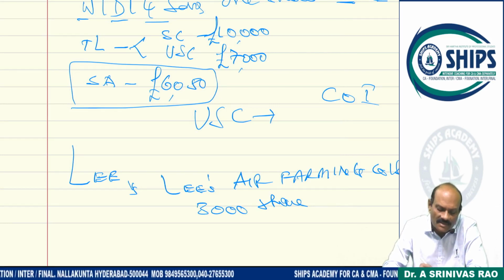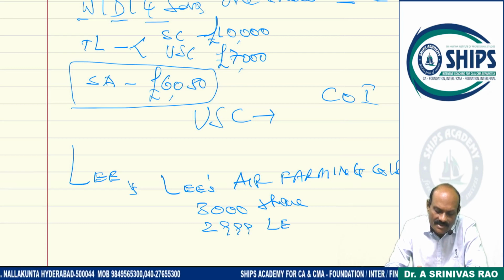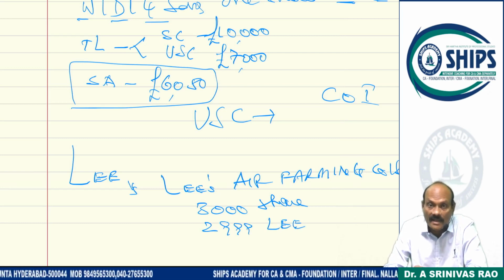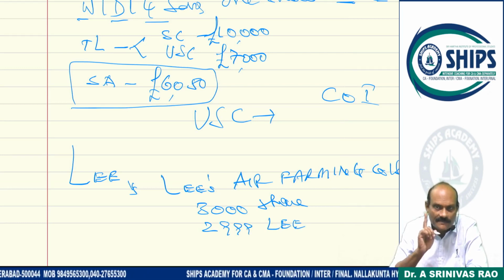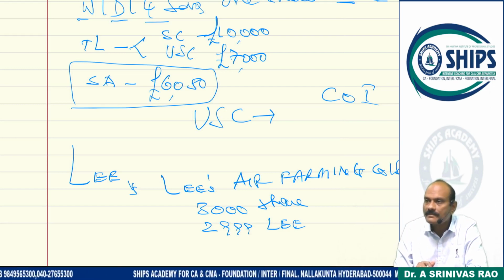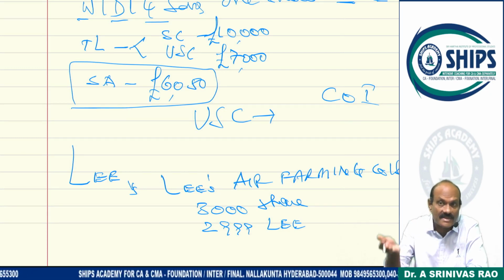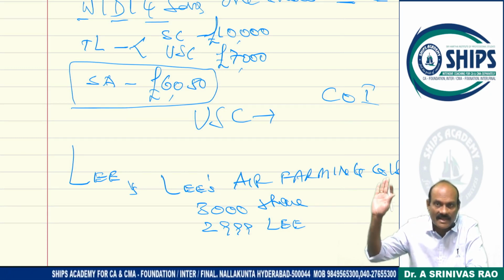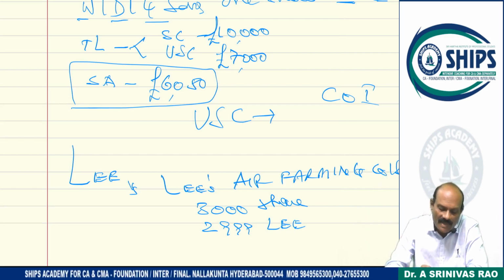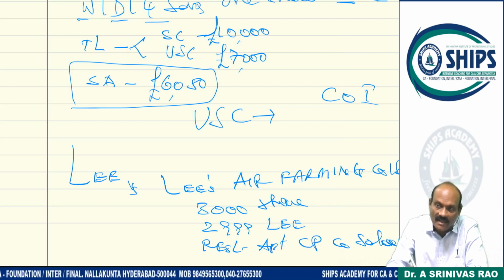Out of the 3,000 shares, 2,999 shares were in the name of Mr. Lee. Except one share, all the remaining shares were in his name. Since all the shares were in his name, he had almost all the voting rights, then he passed one resolution appointing himself as chief pilot of the company on a certain salary.